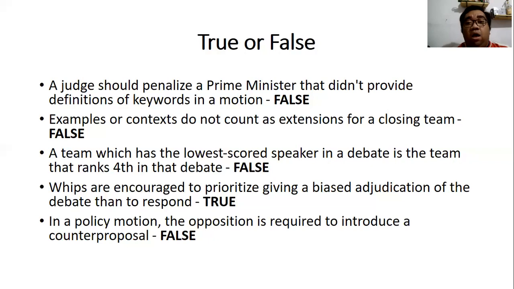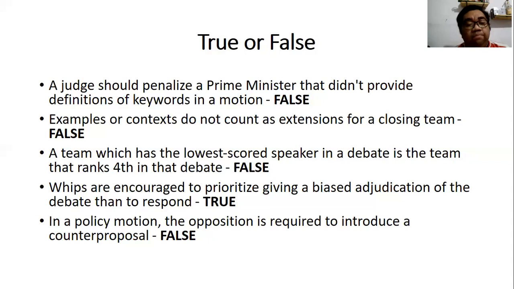There's a lot of content being discussed, and therefore it's critical for whips to give a biased adjudication or framing of the arguments in the debate so that the judges can have an easier time delineating which ones are more important to weigh in their decision making.